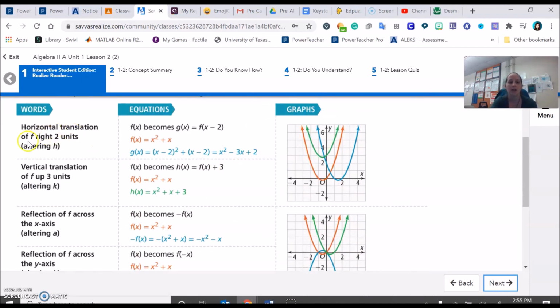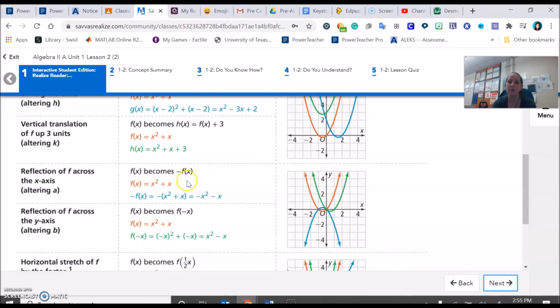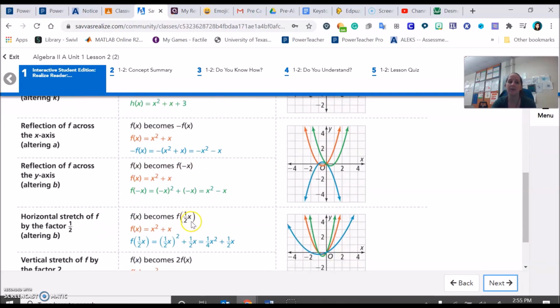All right, concept summary, transformational functions. So horizontal translation of f, right 2 units. Okay, so I just add, so really I subtract that. I'm going right, okay? So that's inside the parentheses or inside the absolute value. If it's going up or down, it's the outside one. So inside is horizontal, outside is vertical. Reflection across the x-axis is a negative function. Reflection across the y-axis, the inside is negative.